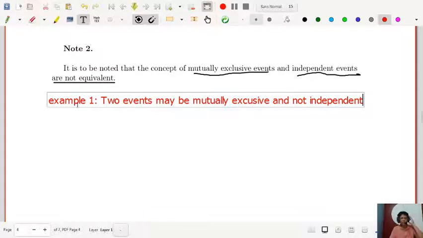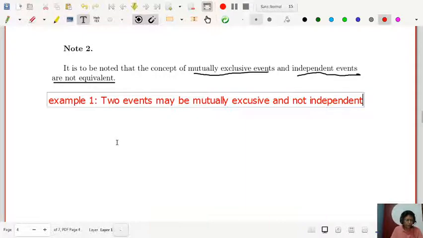People think that mutually exclusive events and independent events are equivalent, but not so. First I will show that two events may be mutually exclusive and not independent.